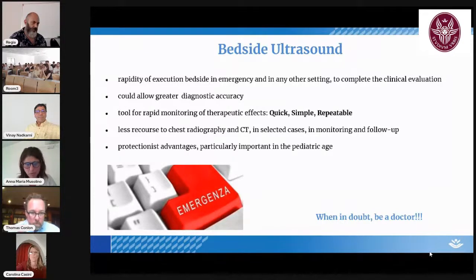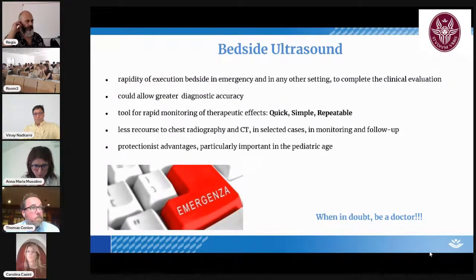And why do we like to use bedside ultrasound? For rapidity of execution, bedside in emergency and in any other setting, to complete the clinical evaluation. And it could allow greater diagnostic accuracy. And it's a tool for rapid monitoring of therapeutic effects because it is quick, simple, repeatable.